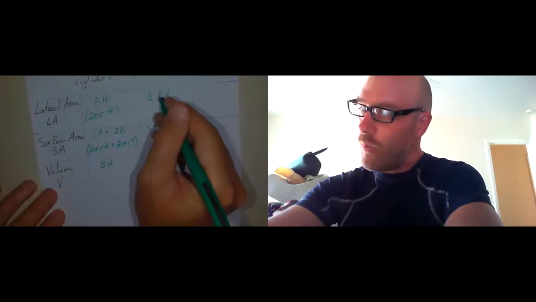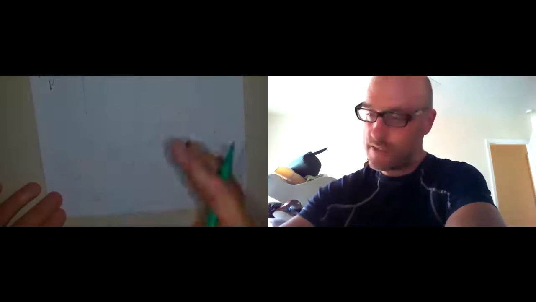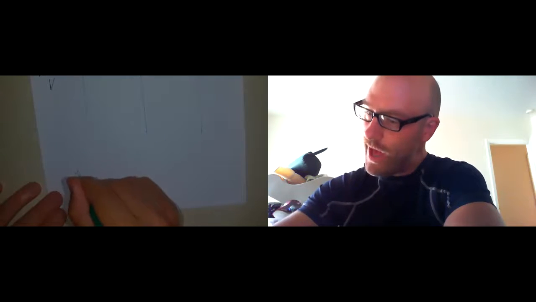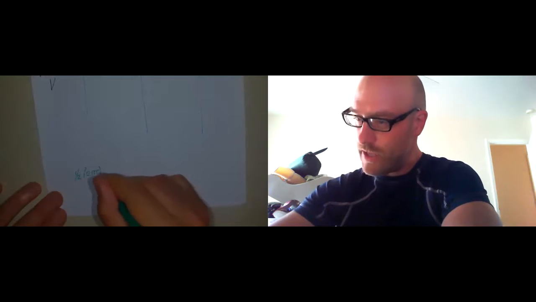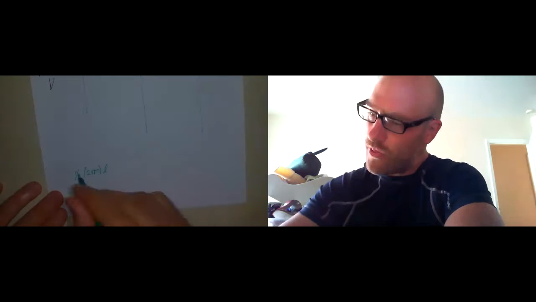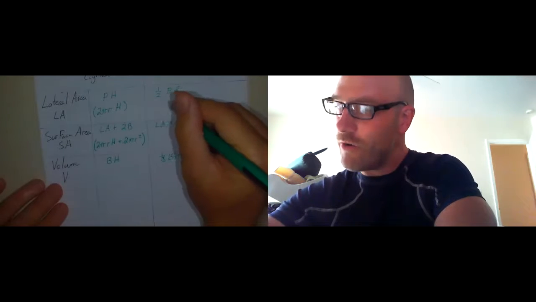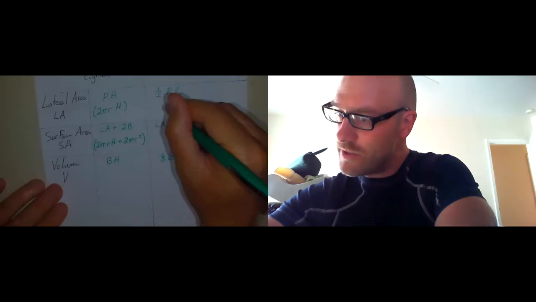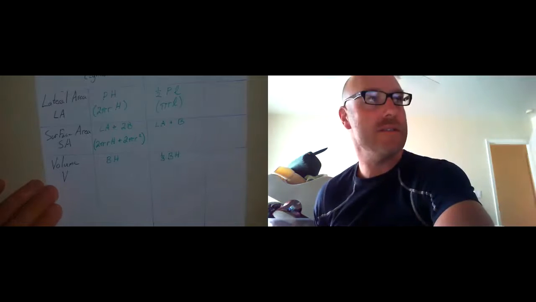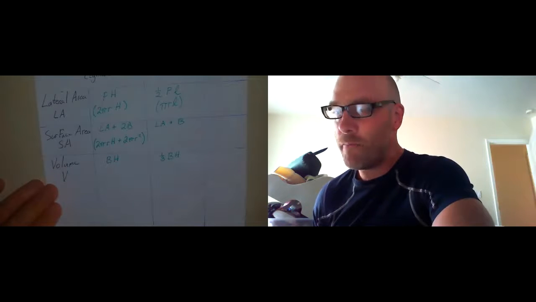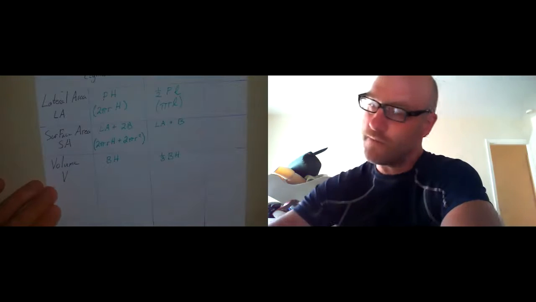Also for a cone, 1/2 perimeter times slant height. I'm going to write that at the bottom because we can simplify. We would have 1/2, the perimeter is 2 pi r, and the slant height we write as L. The 1/2 and the 2 cancel out, and so my formula for the lateral area of a cone is pi r L. I happen to like that one just because it seems to spell pyral, like pearl, just slightly different pronunciation.